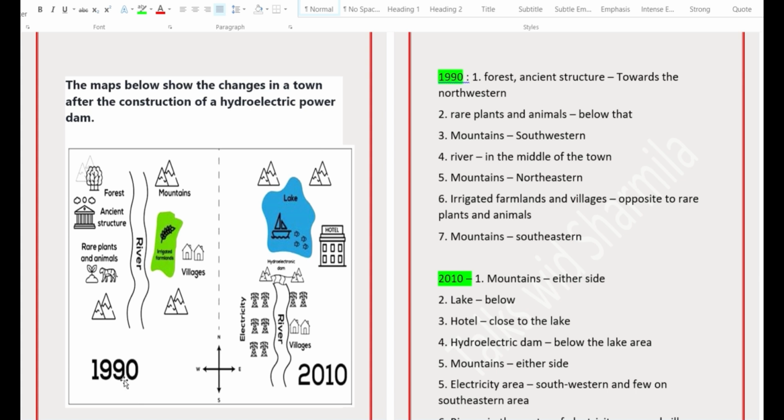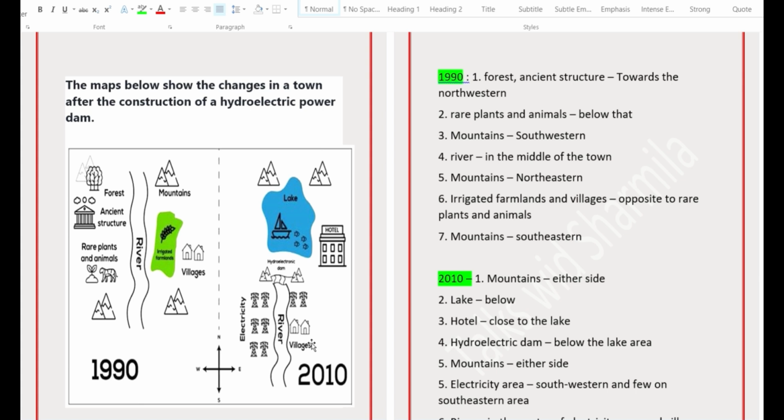And this picture belongs to 1990. On the other side, you have 2010, the same village or town which is redeveloped with a hotel and a lake, the mountains, the hydroelectric dam and the electricity, the river and the villages.